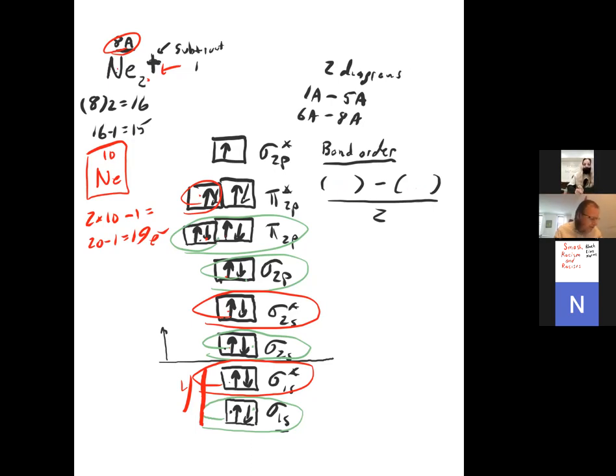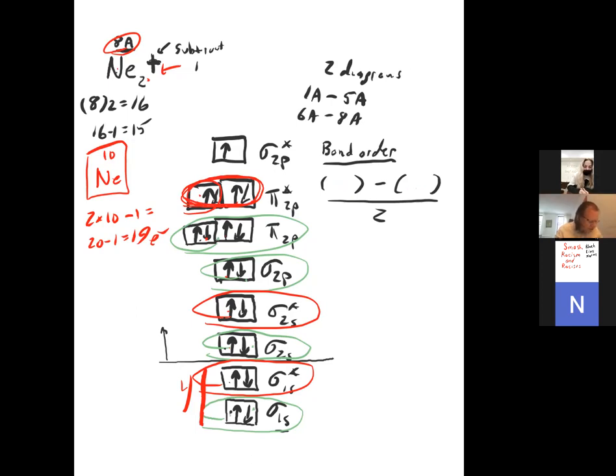Really, what it's going to change is the antibonding. Glad I caught that. These are all antibonding right there. So it actually looks like it didn't change the number of bonding electrons, it just changed the number of antibonding.